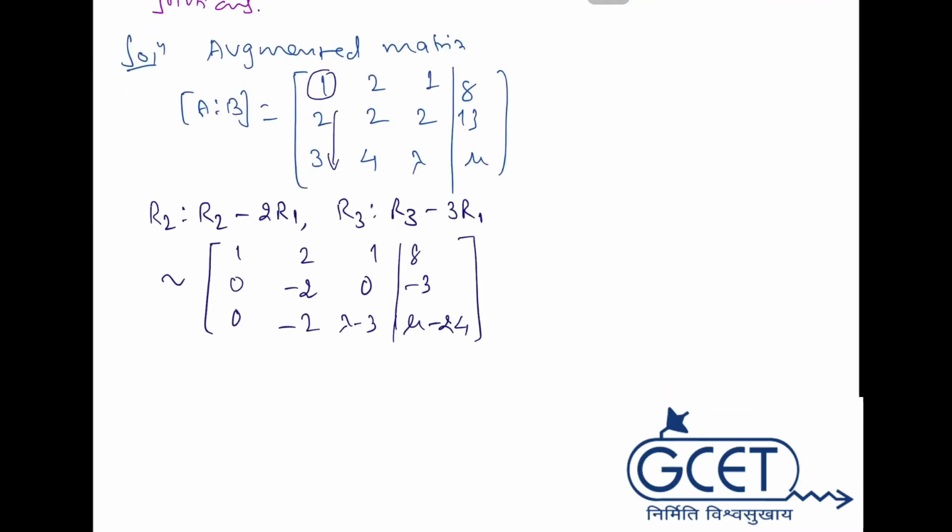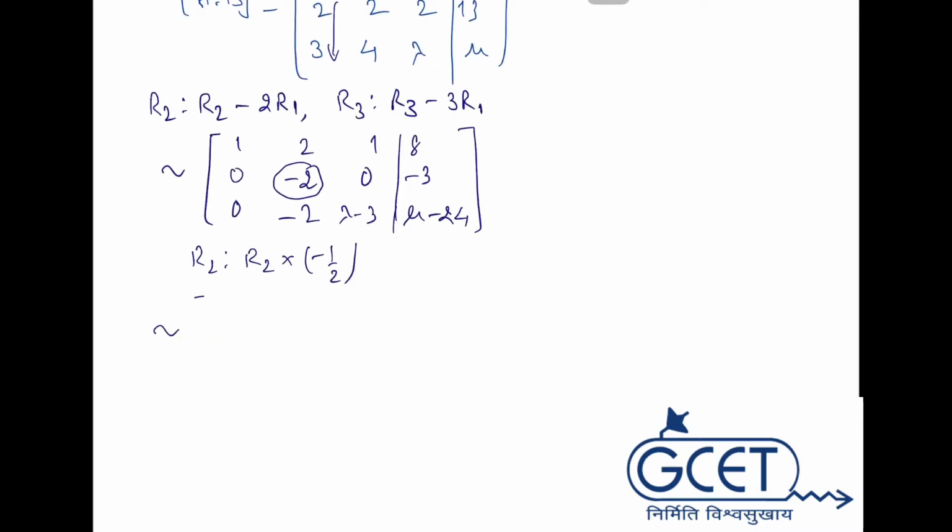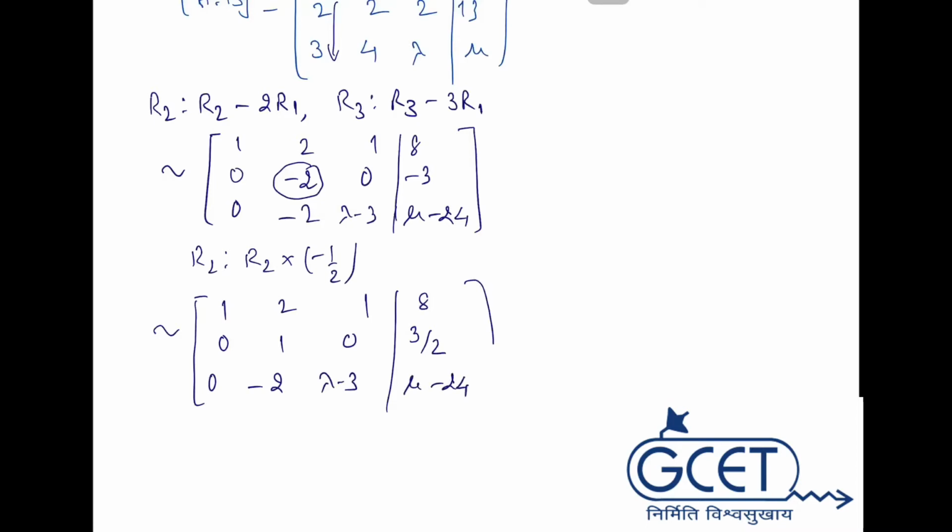Now make this entry to be 1, so let us take R2 into minus 1 by 2, and so this is 1, 2, 1, 8, this is 0, 1, 0, this is 3 by 2, 0, minus 2, lambda minus 3, mu minus 24.